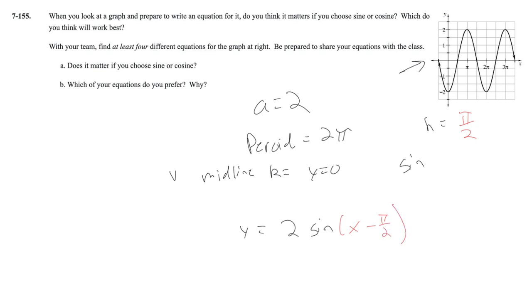Let's see. I actually need this to be plus, because I'm shifting it back. If I shifted it forward, I'd be starting from here. If I shift it back, now I'm starting from down there, with that negative value in the x. If I think about that in terms of my unit circle, normally we would start right here, where cosine is 1 and sine is 0.